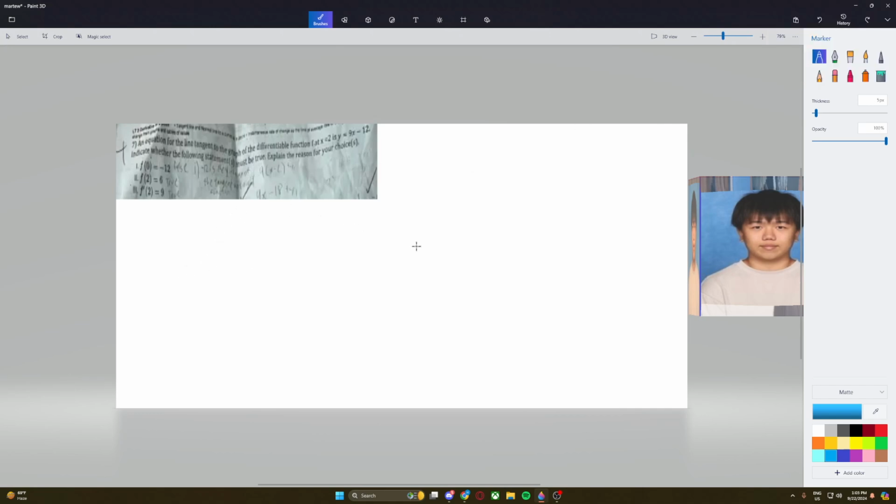Okay, f of 2 equals 6. And that is true. It's true because of this: y minus y1 equals m times x minus x1.